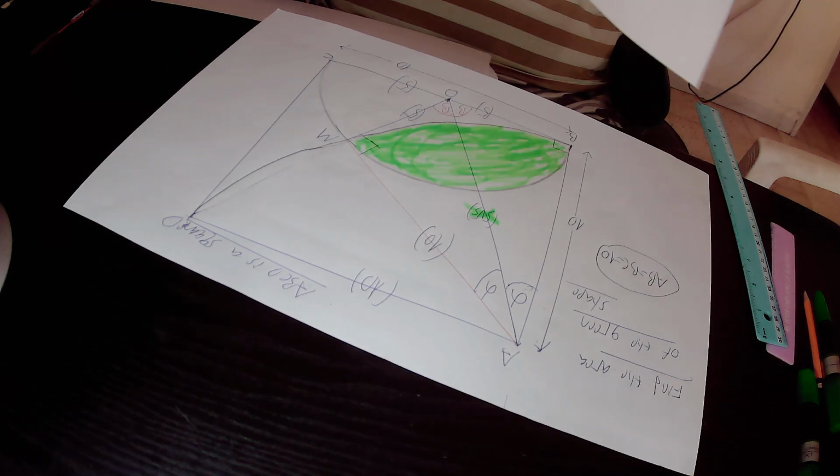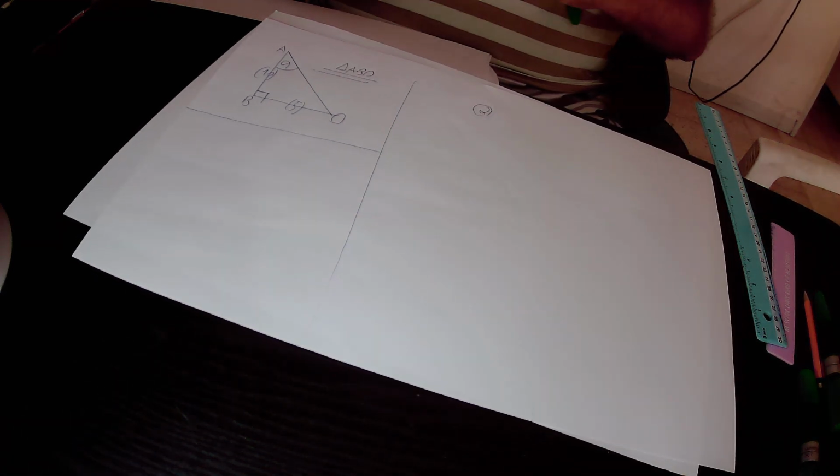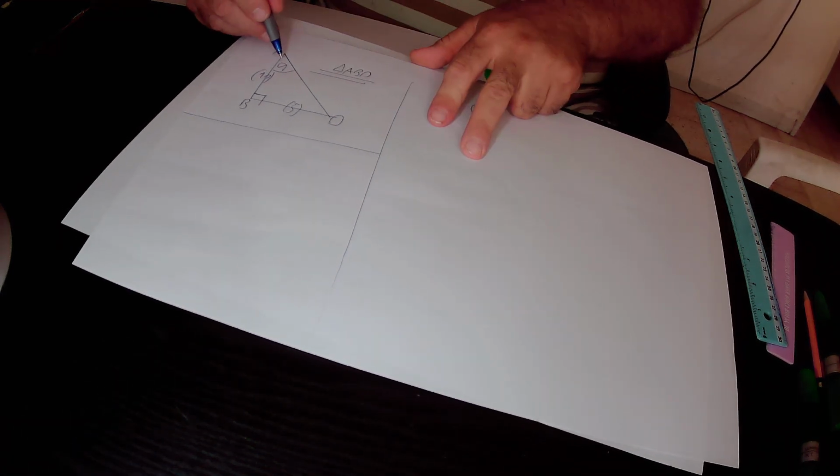This is the right triangle ABO that is coming from the original drawing.